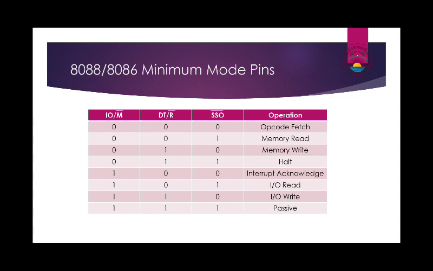For example, microprocessor has to perform some shift operation multiple times. So during that shift operation, nothing will be performed on the buses, but microprocessor will be shifting a number in its ALU for some time, and during that time there will be no operation on the buses of microprocessor. So that state will be called passive state.